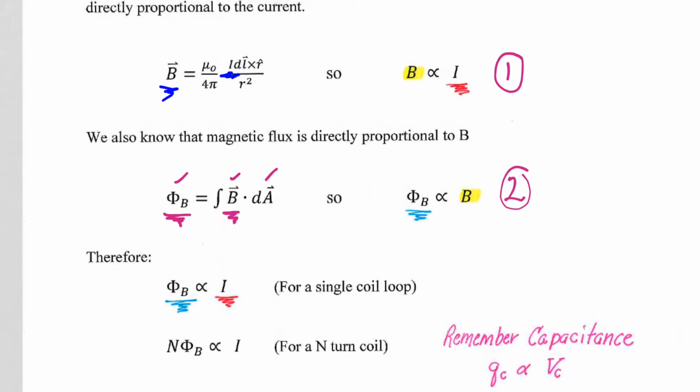If B is proportional to I and flux is proportional to B, then flux is directly proportional to I. That is logic 101 to get the relationship that the magnetic flux will be directly proportional to I for a single coil loop.